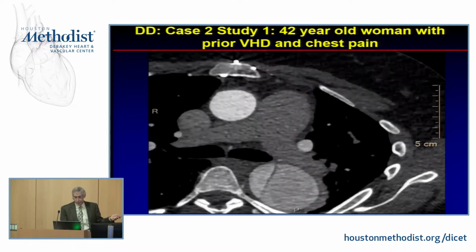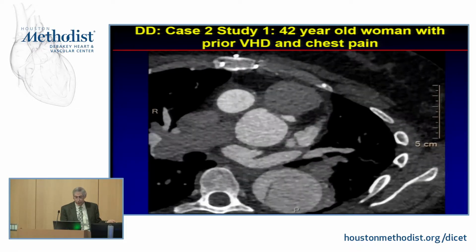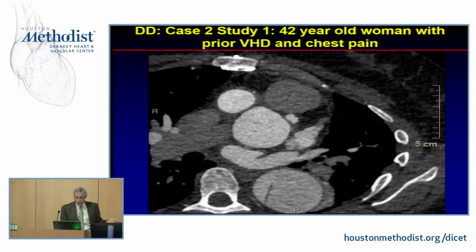Pulmonary artery. This is the ascending thoracic aorta, which now looks a lot smaller than what we saw down here in terms of the arch, etc. This is the aortic root down here. This is the left main coronary artery.